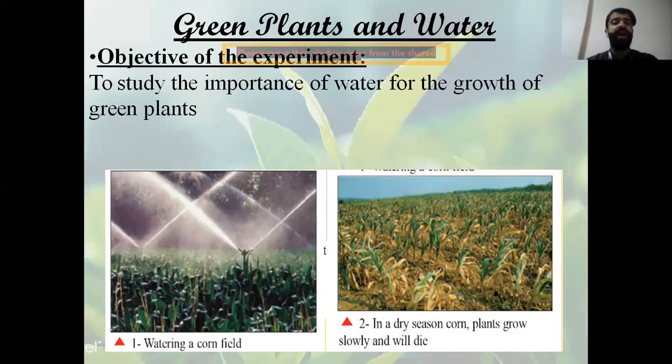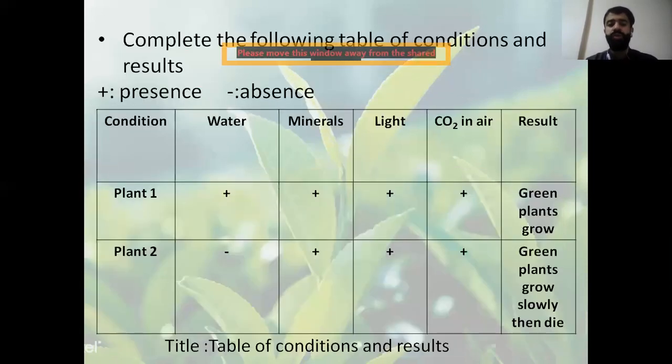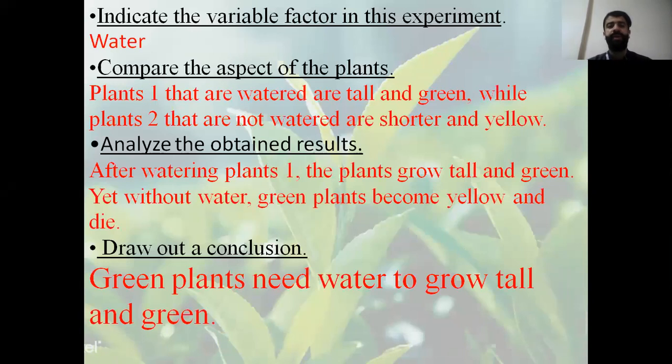So here the variable factor is the water, and also we drew the table of conditions and we finished everything related to the exercises about the variable factor, about comparing the aspect, meaning comparing the appearance of the plants where they are watered and where they are lacking water. Then we drew the conclusion that the green plants need water in order to grow well.